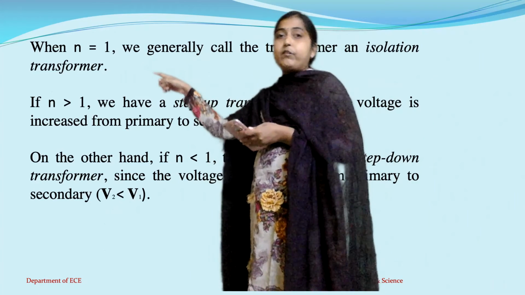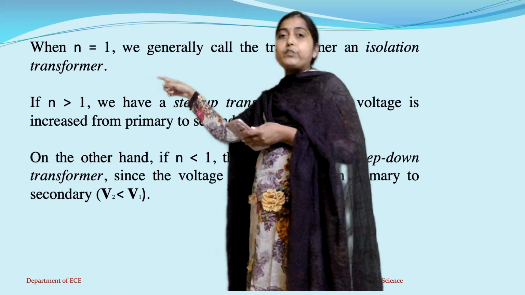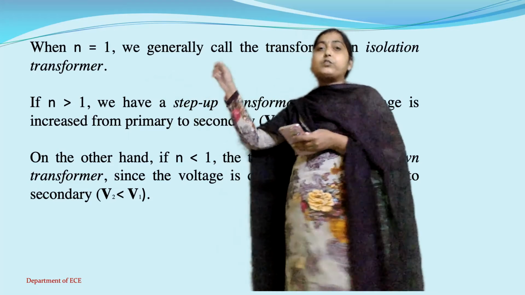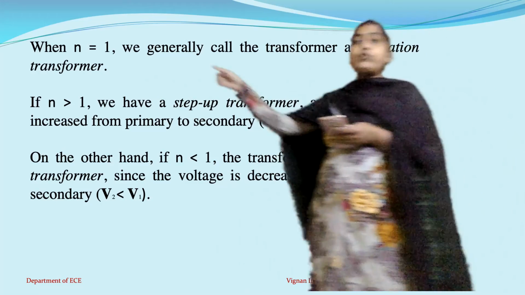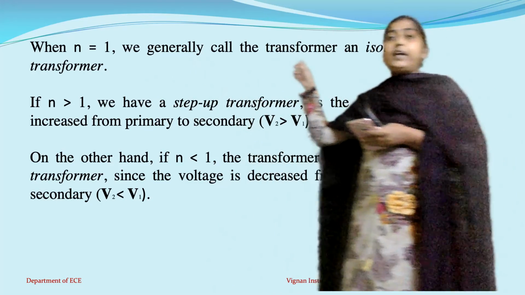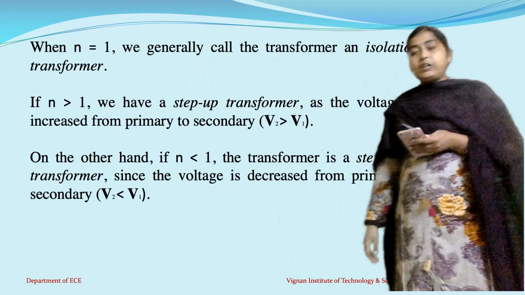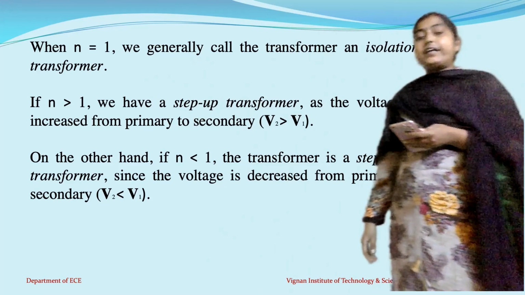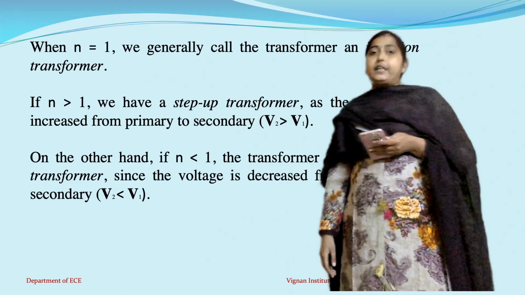When N is equal to 1, that means N2 divided by N1, that is the number of turns on the primary and the number of turns on the secondary windings, are the same. Under such conditions, the transformer is said to be an isolation transformer.